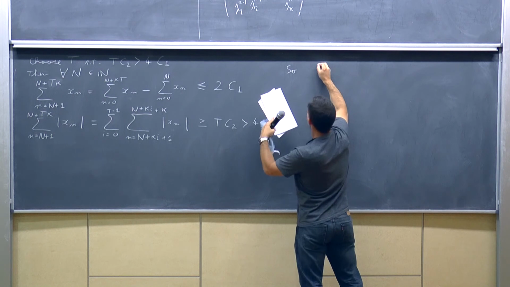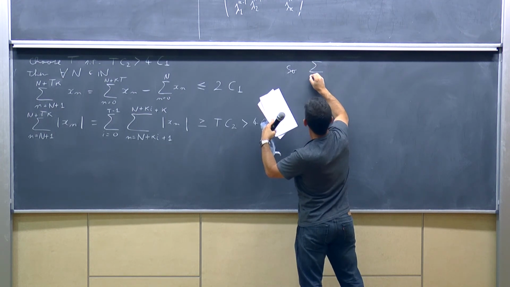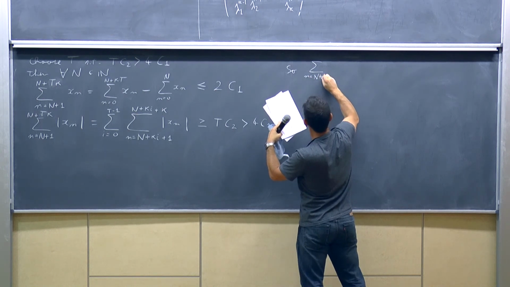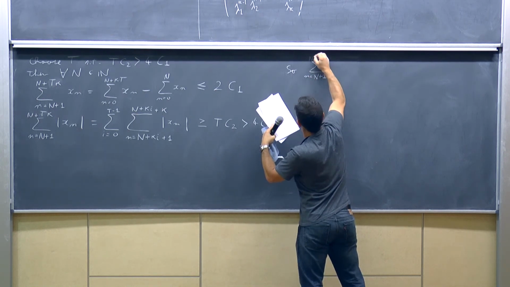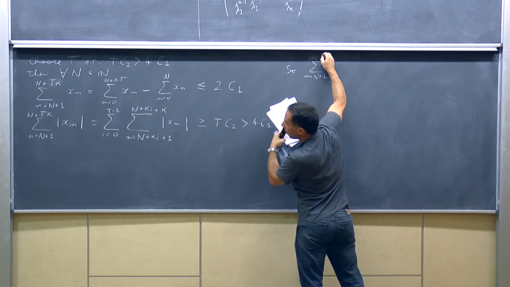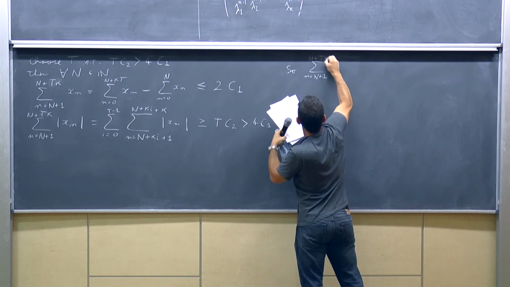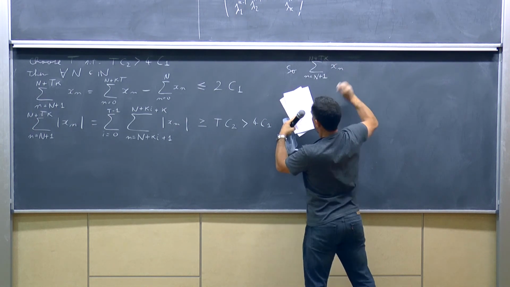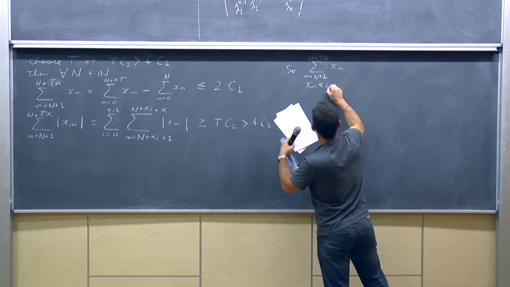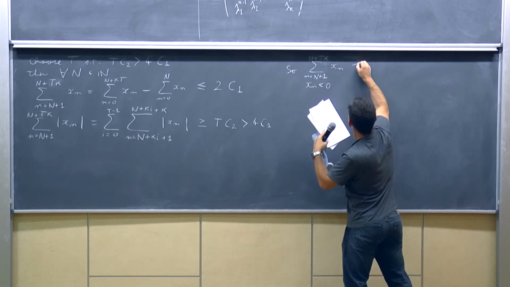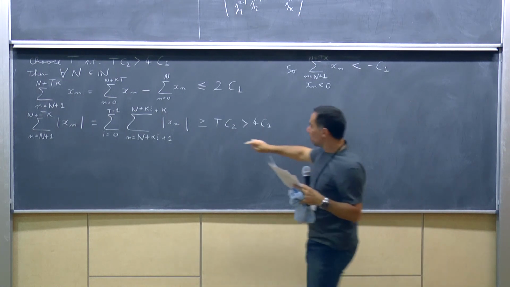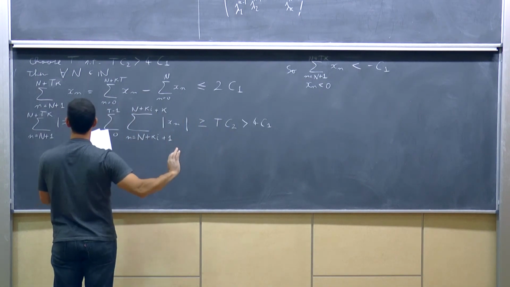So if I take the sum from n equals n plus 1 to n plus tk of xn, and I only sum over those xn that are negative, I claim that this is less than minus C1. What am I saying?